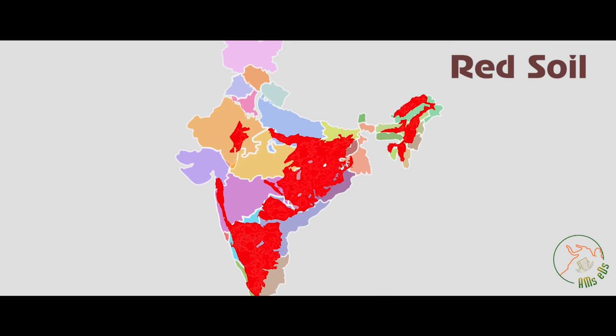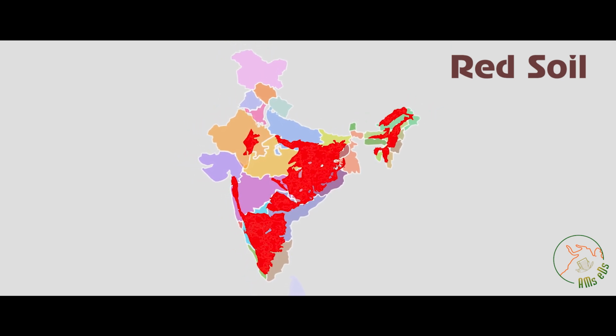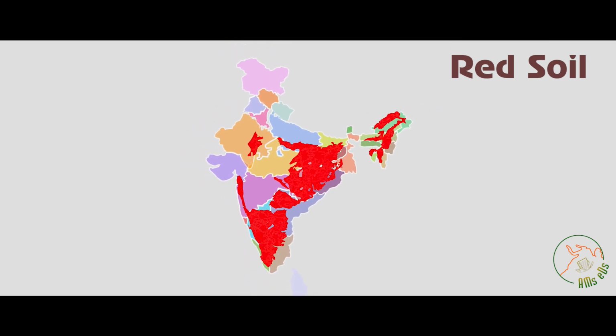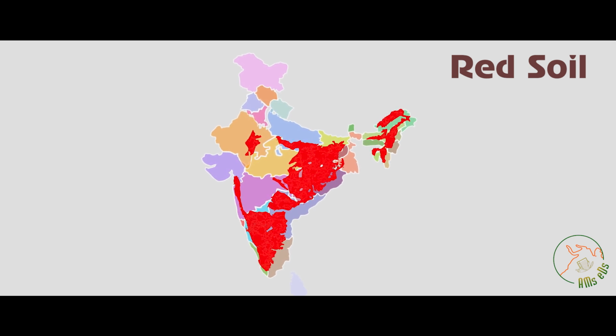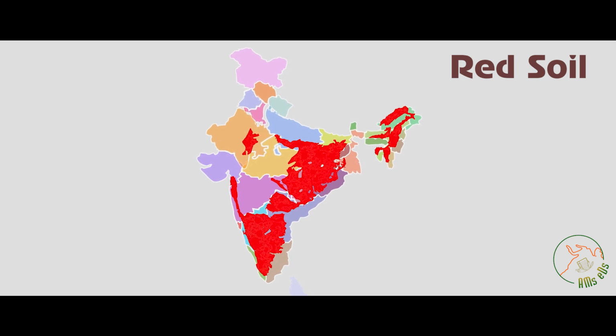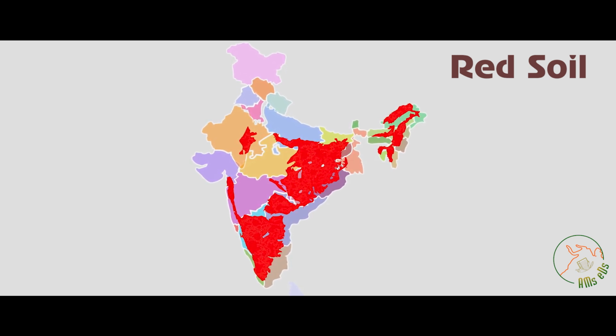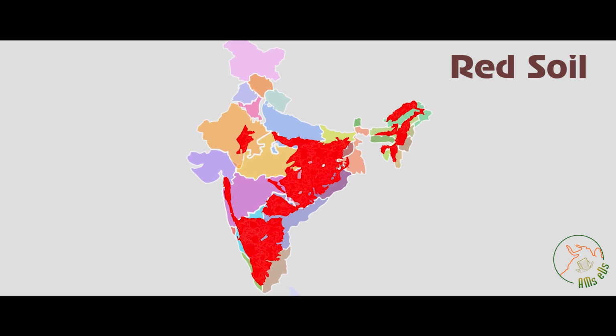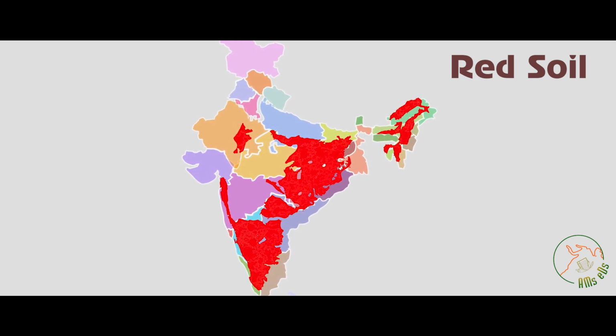The next one is the red soil, which we see mostly in large parts of the south, southeast and eastern regions. So, if you are asked to shade and label a region with red soil, you may mark the area where the soil is mostly concentrated.